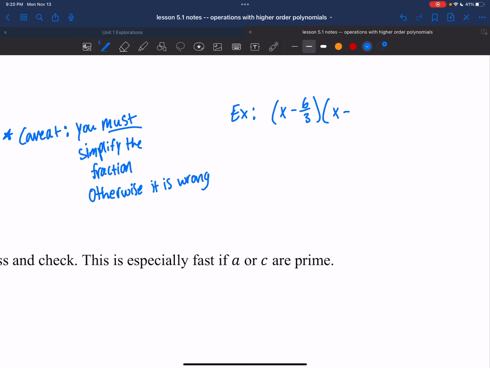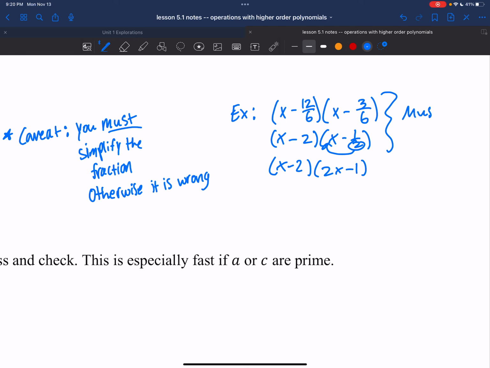Let's say like 12 over 6, and then like x minus 3 over 6, well, then that's like x minus 2. But you can't leave it like that; you have to make that 3 over 6 a half, and then you can kick it back. So like 2x minus 1. You must simplify 3 over 6. Okay?